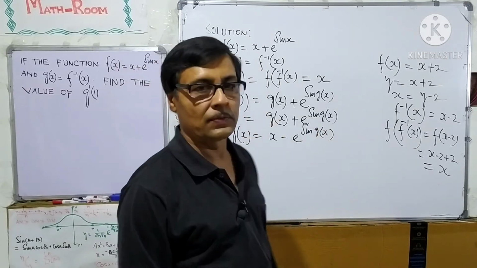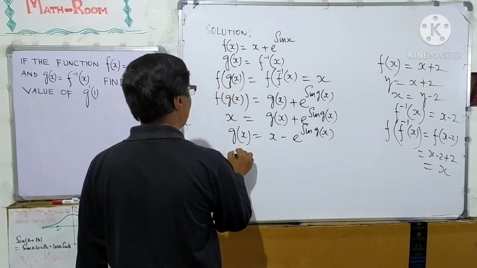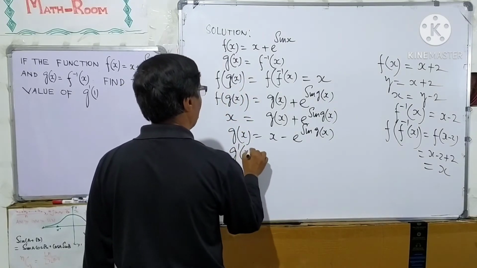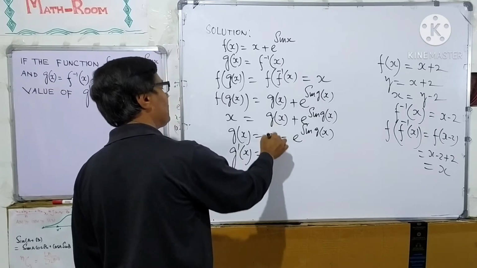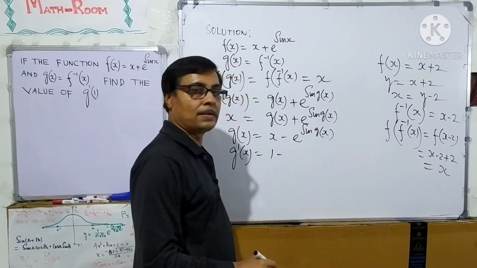If we differentiate both sides with respect to x, we get g dot x equal to the derivative of x, which is 1, minus the derivative of e to the power sin g(x).